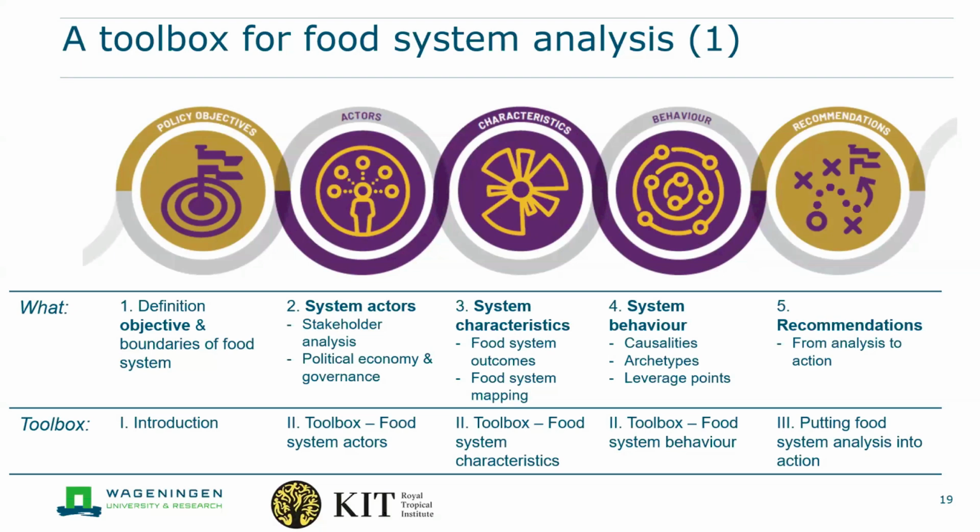So what is the behavior of the different actors in the system? How does one thing lead to another? Where do we see these leverage points I was just talking about? And if we have these 3 elements of food system analysis, that can lead us to some really practical recommendations about where in the system do we see most opportunity for change based on what we have learned about the dynamics in the system.